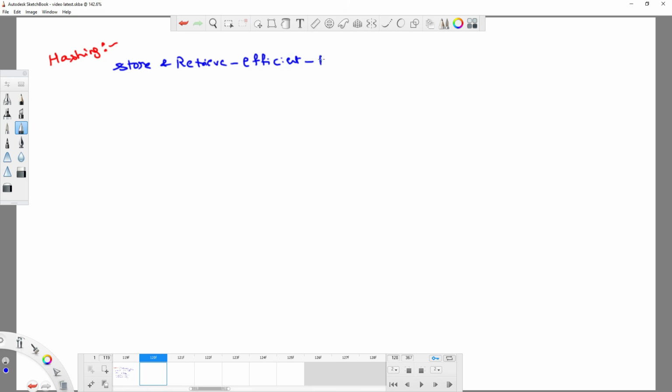By applying various kinds of hash functions. What is the meaning of hash function? A hash function is a mathematical function used to convert our key into the respective index position, right?